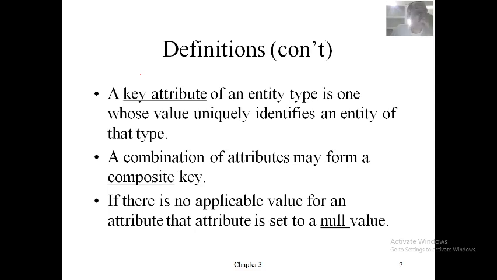You can keep it blank, or you can enter the value. Or a student will not have a salary. It is not related to that. Some fields are not applicable, so you can keep them as null. If it is not null, you have to enter some value for that.